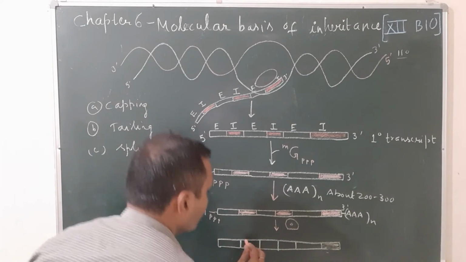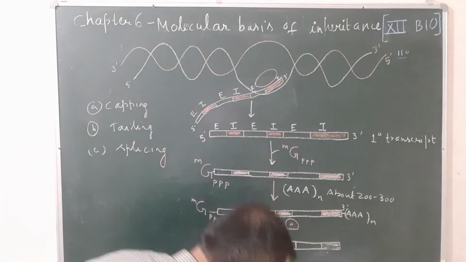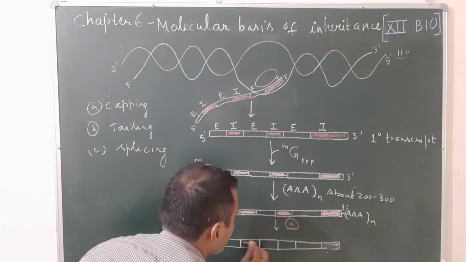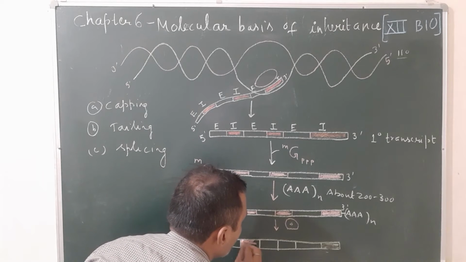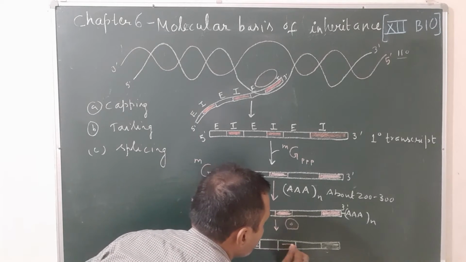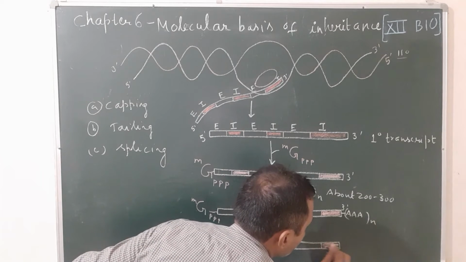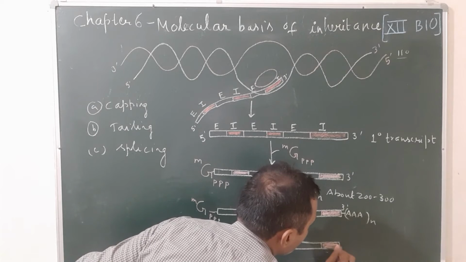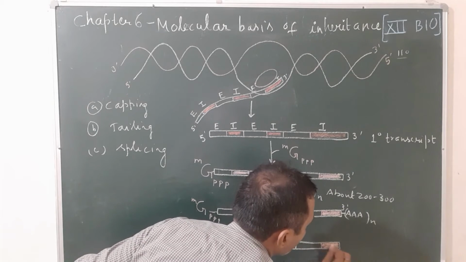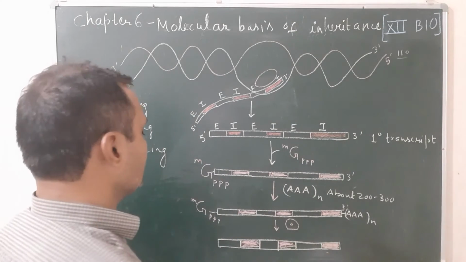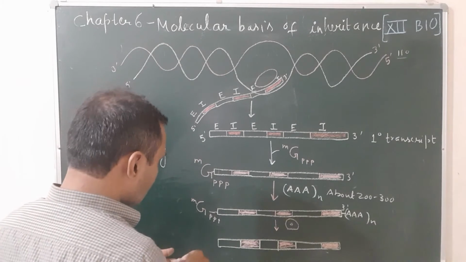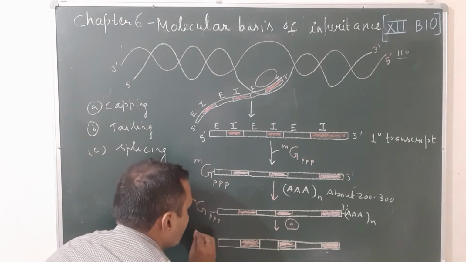The red ones are the introns. This is the intron, and this is again intron, and this is again introns. How many total introns? 3. These are the non-protein regions that are not required for the translation. And this is the methylated guanosine triphosphate.